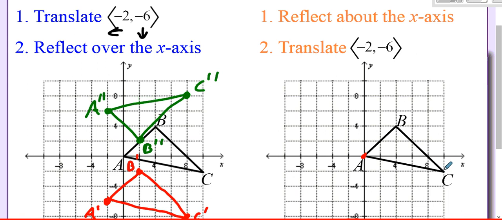C is going to move, instead of 1 line below, it's going to be 1 line above. And then B, 2 lines above, is going to reflect 2 lines below. So there's your reflection.